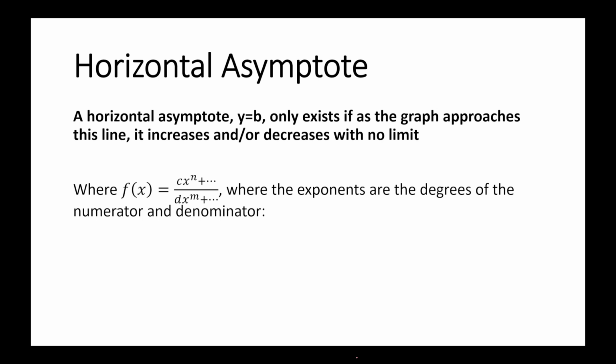If you have a polynomial on top and on the bottom, the degrees, this is a very important term, the degree of the numerator and denominator, we're going to call n for numerator and m for the denominator. Or you could say d, whatever letters, it doesn't matter. The degree is going to be the highest exponent that you see on the top and the highest exponent that you see on the bottom.